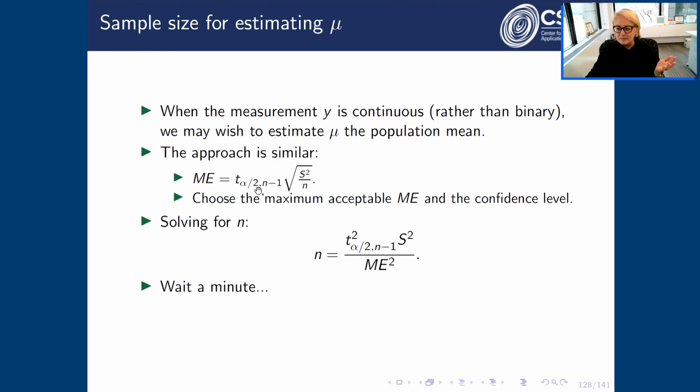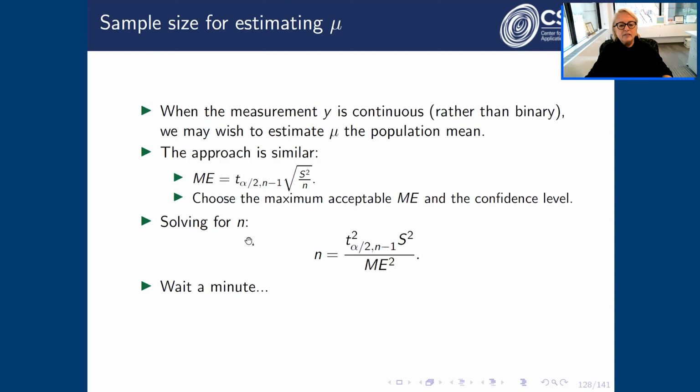It's kind of similar, but this one is a little bit more conservative in the sense that the t's tend to be bigger values than the corresponding z's. The margin of error is just this value that has to do with my confidence level, and then the standard error of y bar. And again, I'm pretending here I don't have a finite population correction or anything like that.